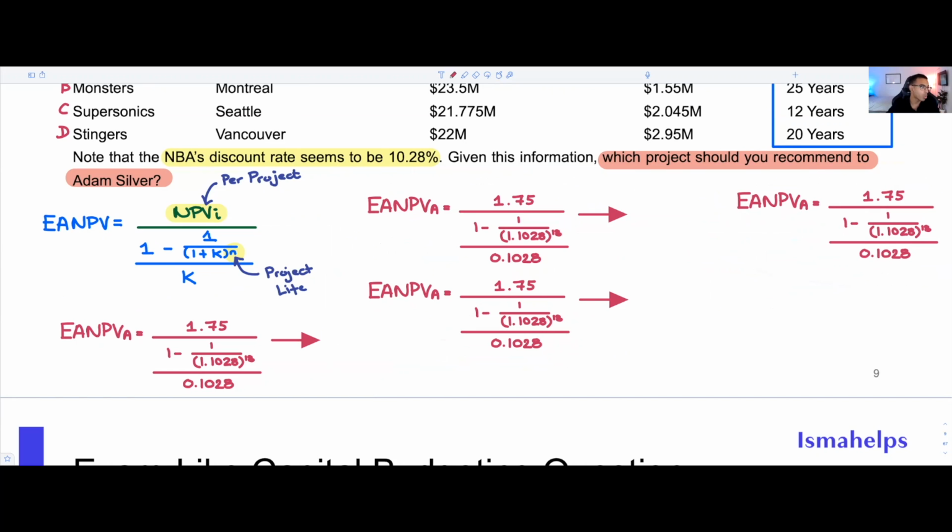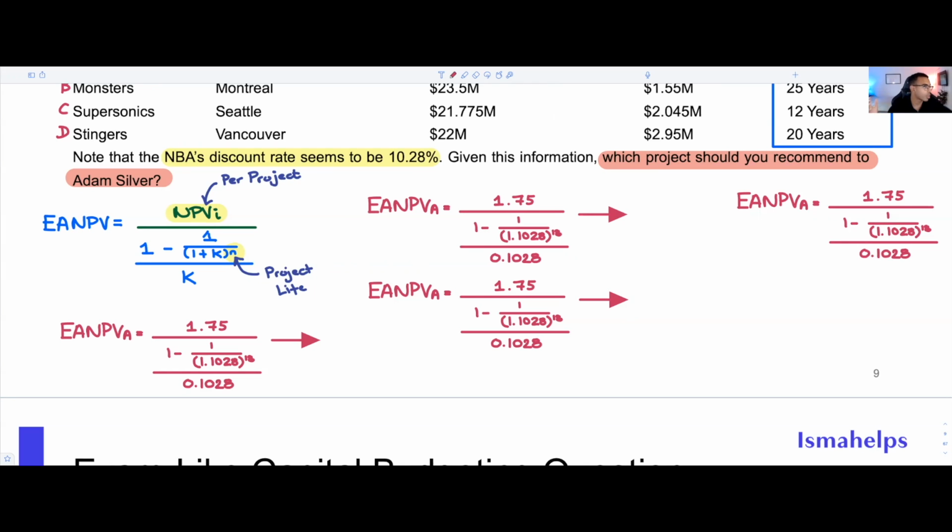What we're going to do now is plug all of this into our formula. We're going to have 1.75 in our numerator. We're going to have another fraction in our denominator, which is 1 minus a fraction in itself: 1 over 1.028 to the power of 18, and that's going to be over 0.1028.